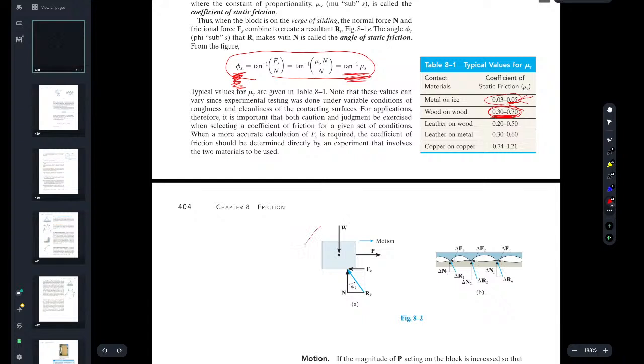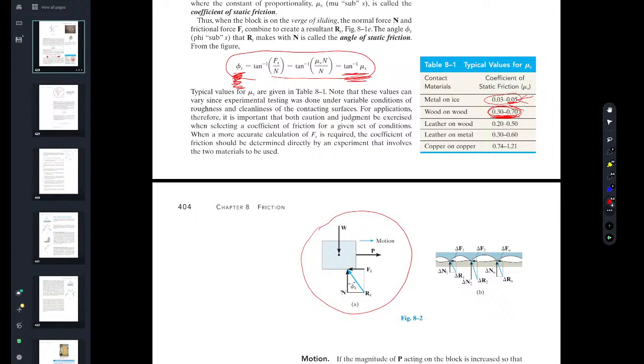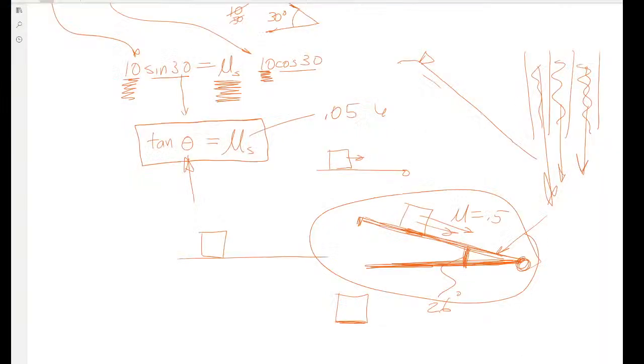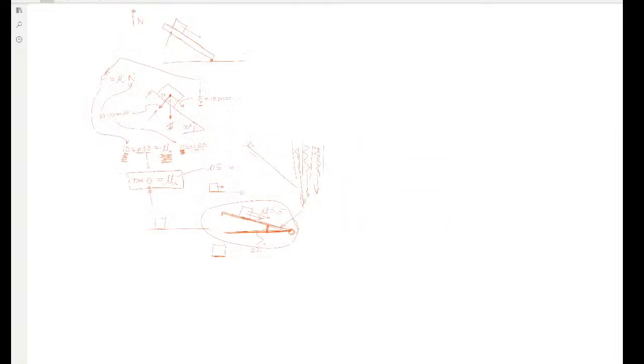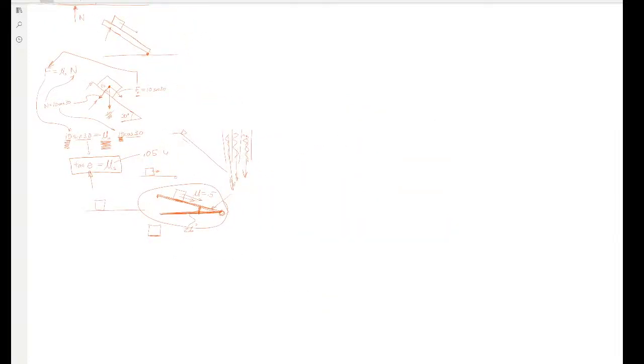But there's another way to look at it, and that is this way. So when you have a weight, then the normal force, the sum of the forces in the y give you the same. To actually move it, now here's the thing, P can be smaller than this frictional force, but here's what I mean.